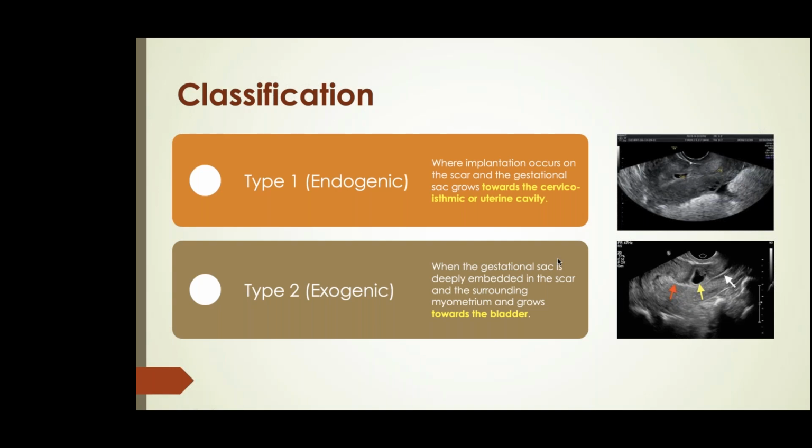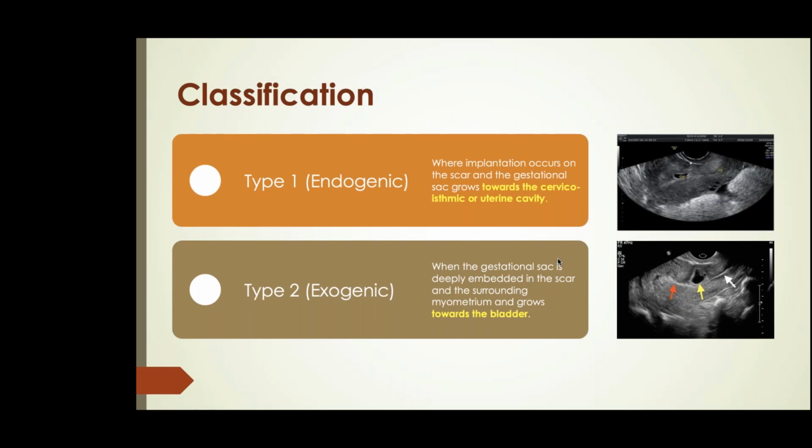So now we have talked about the diagnosis and how we can diagnose it by ultrasound. What about the classification? We have two types of cesarean section scar pregnancy: type 1 or endogenic, and type 2 or exogenic. Simply, if the sac is growing inside the endometrial cavity, it is endogenic, or type 1.